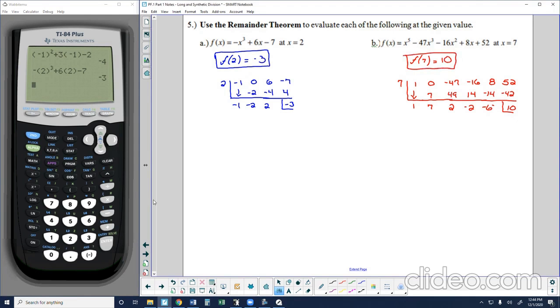Now again, we can check this in the calculator. I'm going to do 7 to the 5th power. Then I'm going to do negative 47 times 7 to the 3rd power. And I'm going to do negative 16 times 7 to the 2nd power. Then I'm going to do plus 8 times 7. I'm going to add 52.